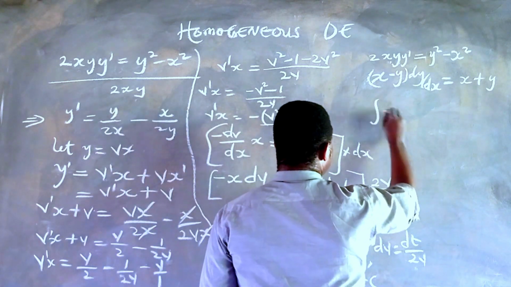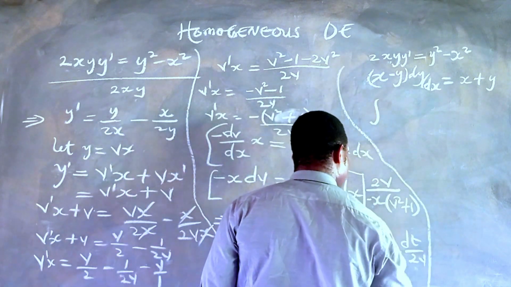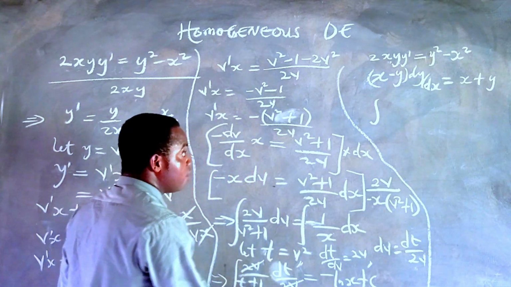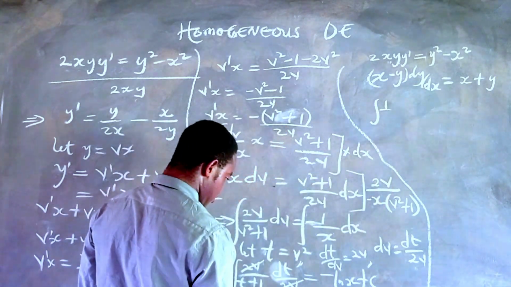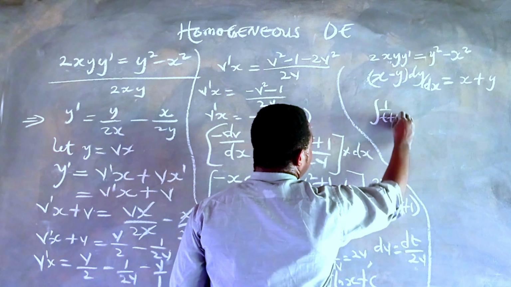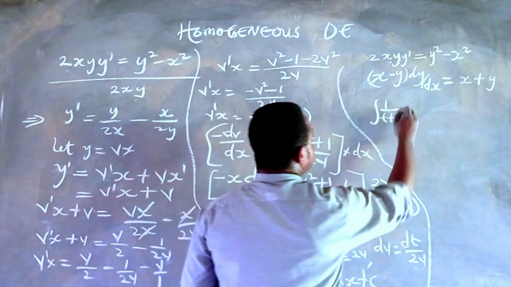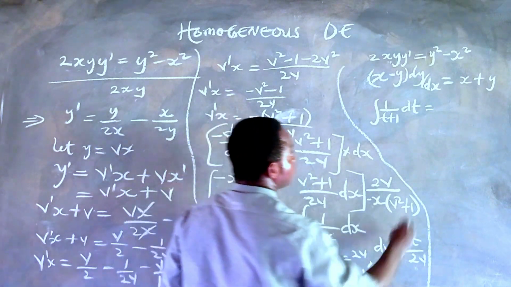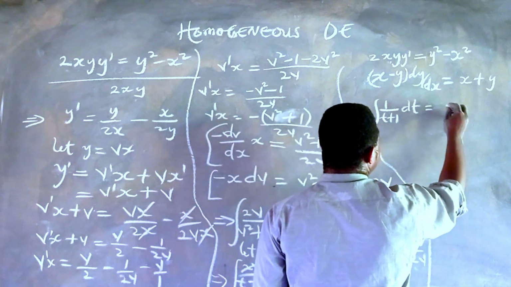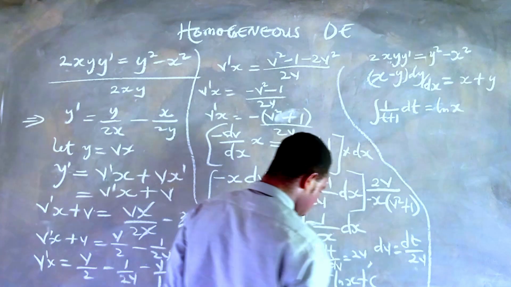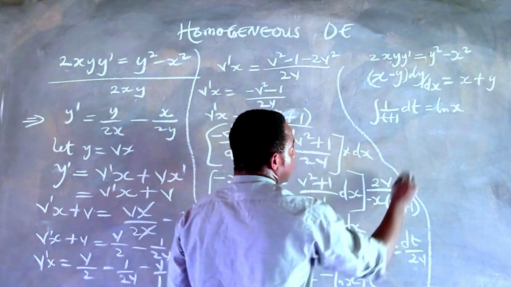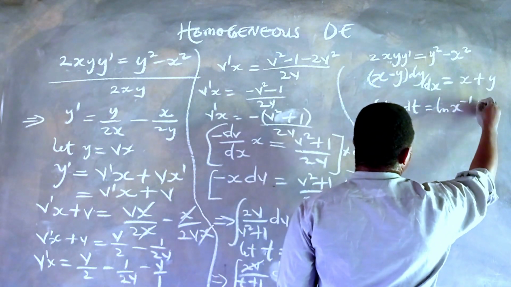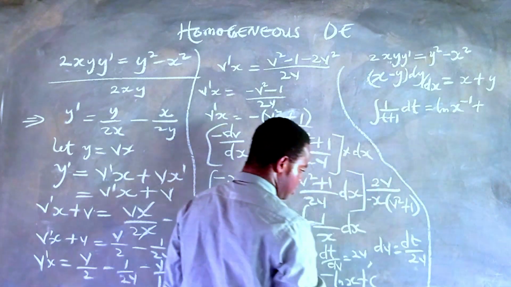So what are we left with? We now have the integral of 1 all over t plus 1 dt equals negative ln of x, which would be the same as ln of x raised to power negative 1, from the rule of logarithm.